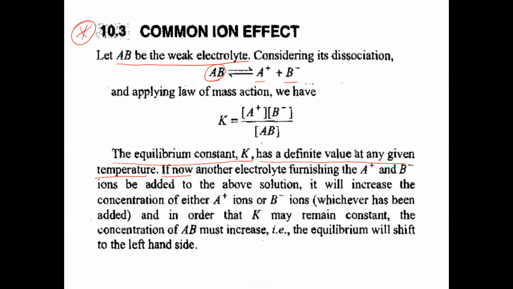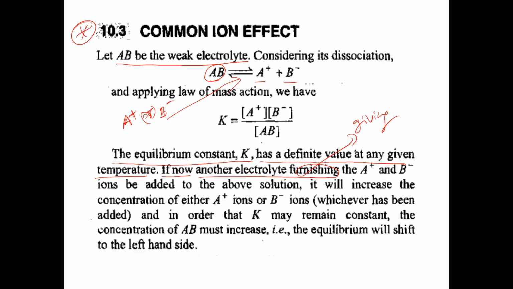If now another electrolyte furnishing, meaning giving or producing, A plus and B minus ions is added to the above solution, suppose. To this solution, we are adding either A plus ions or B minus ions.